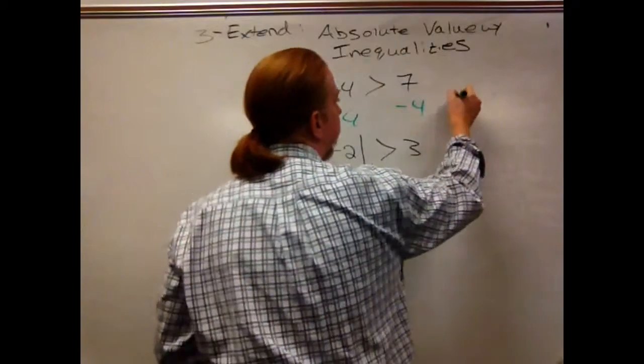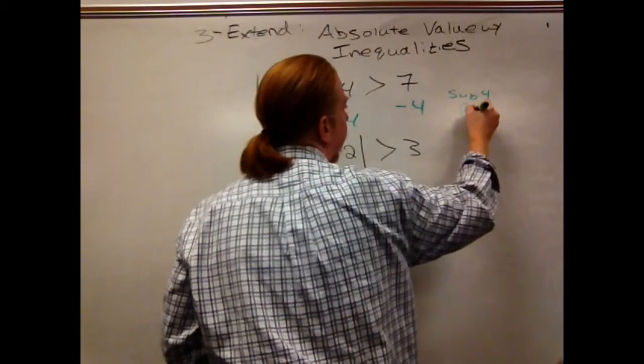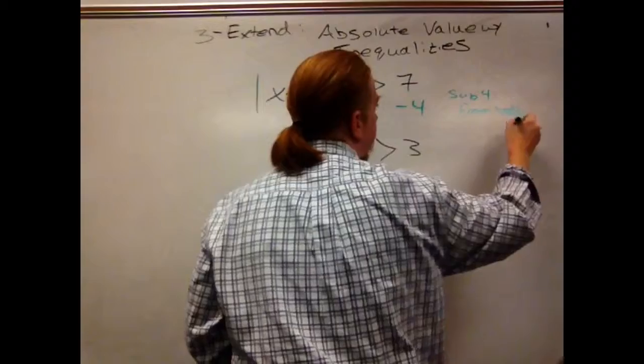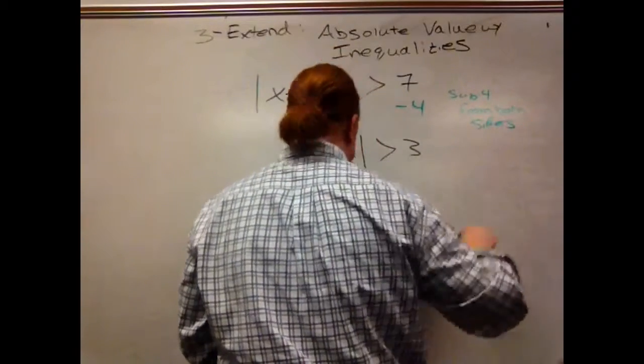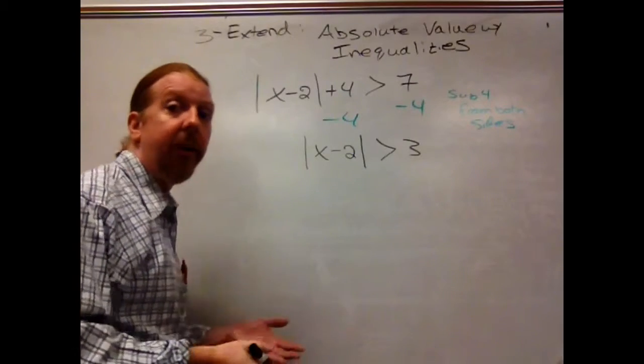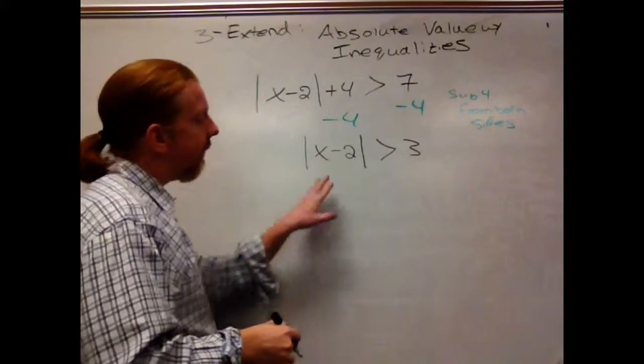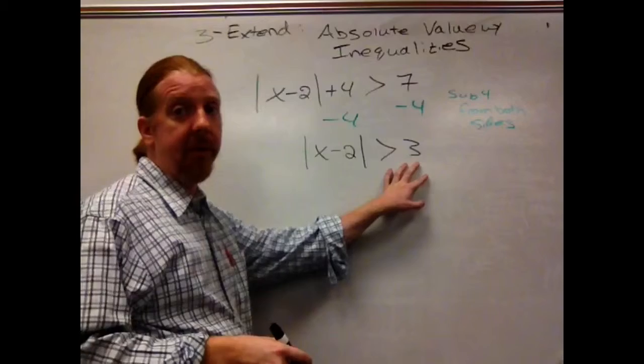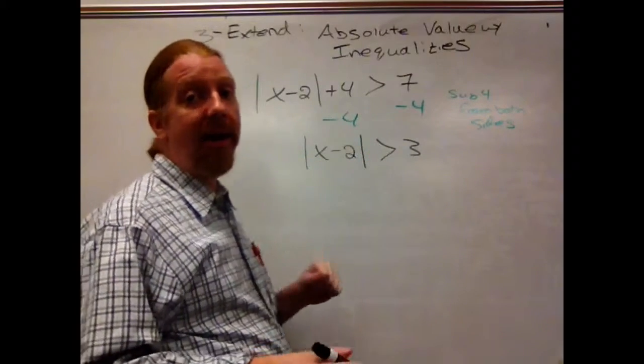Keep track of my steps. I subtracted 4 from both sides. Now the absolute value is isolated, so I need to split my cases. In this case, the absolute value is greater than a number, so I'm going to use the word or when I write this.